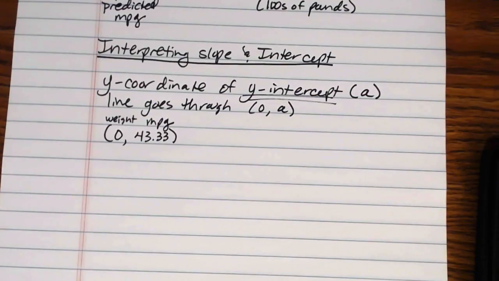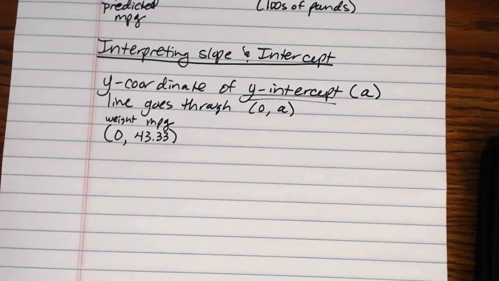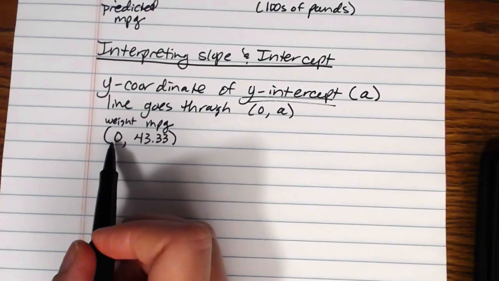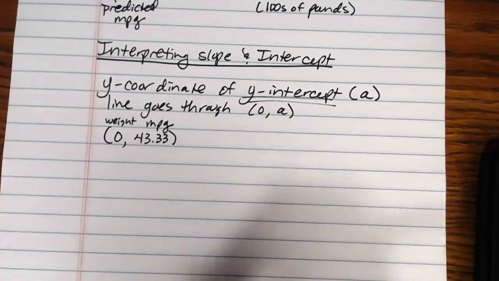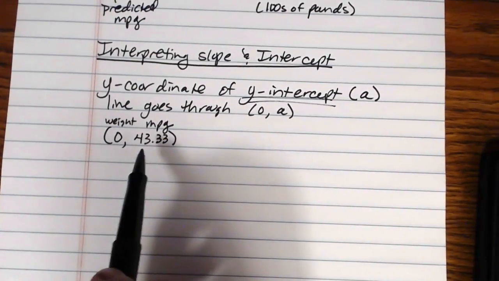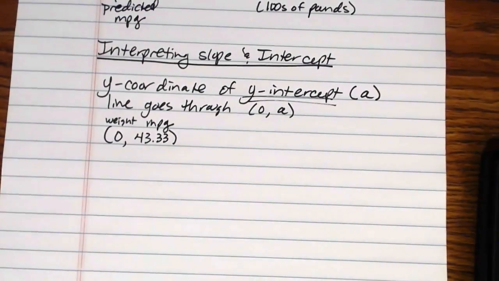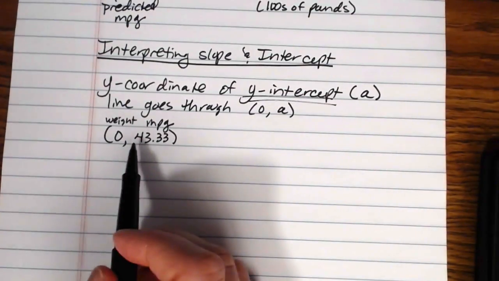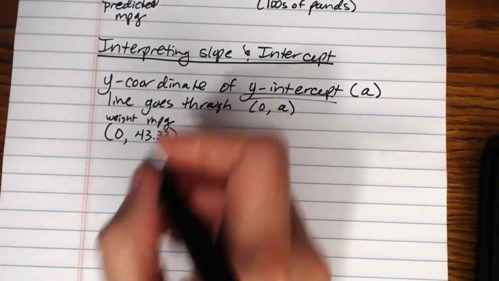Now, just because you are able to numerically interpret the slope or the intercept doesn't necessarily mean that value would make sense in context. Here, what this point is telling us is that a car that didn't weigh anything would have 43.33 miles to the gallon. Clearly, that's not an accurate figure. A car that doesn't weigh anything isn't going to go, so it's not going to get any miles per gallon. Sometimes these are just an artifact of the line. It makes the line fit well, but it doesn't necessarily make sense in the context of the problem.